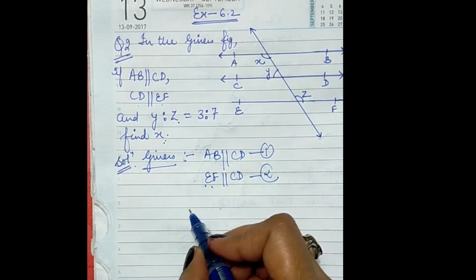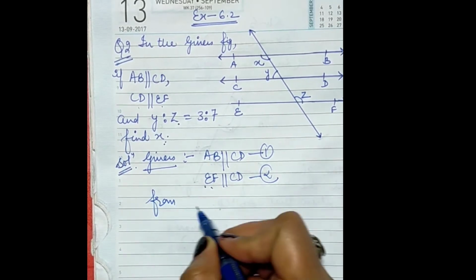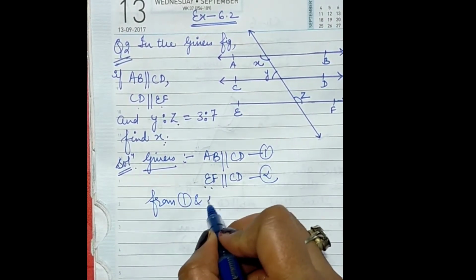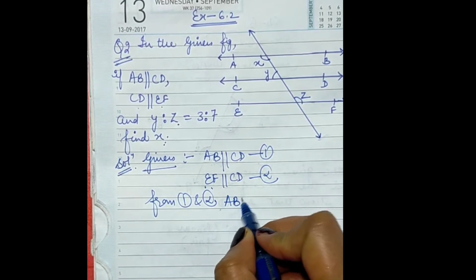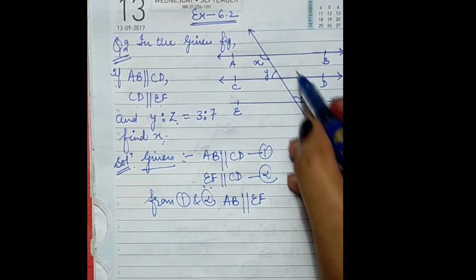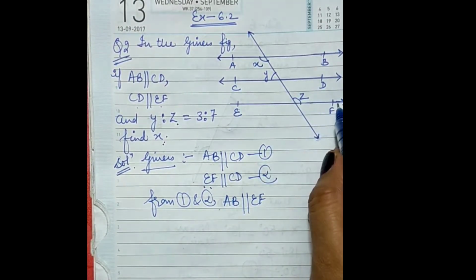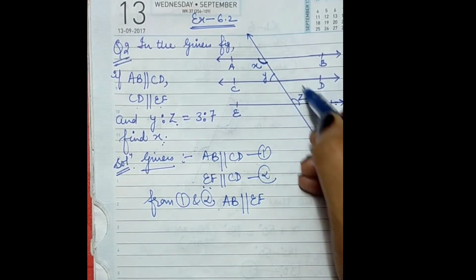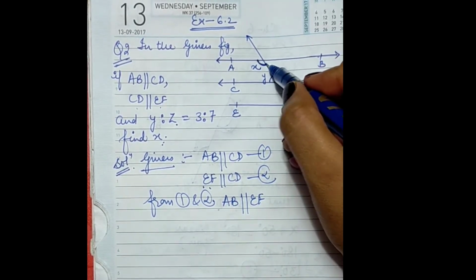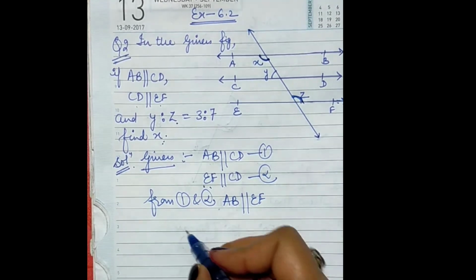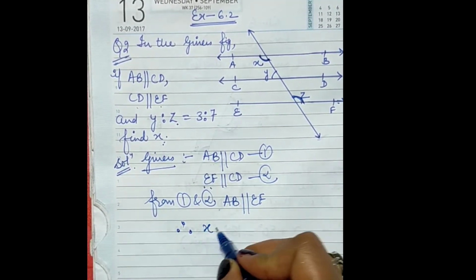That means AB will be parallel to EF. From first and second, AB will be parallel to EF. Now this line is parallel to this line. That means x will be equal to z by alternate interior angles. Therefore x equals z.